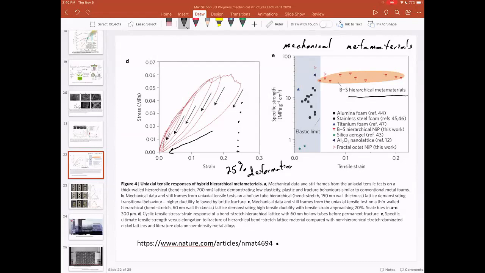So there's lots of different words that people call these things, but you'll see metamaterials out there, and there's thermal metamaterials, there's electrical metamaterials, there's RF metamaterials, but they all rely on this architecting depending on what your goal is.